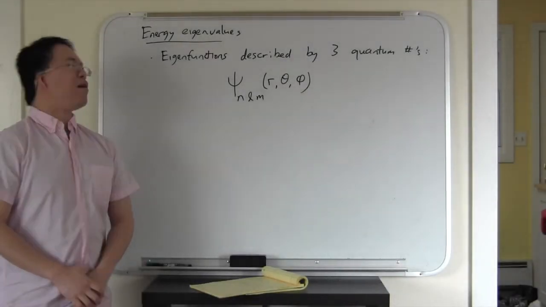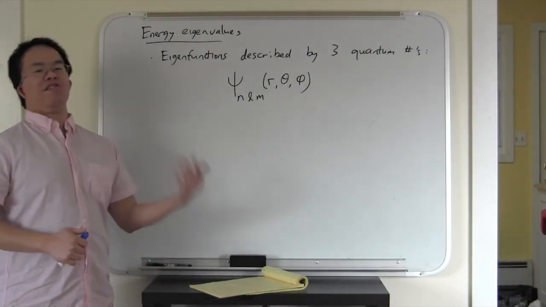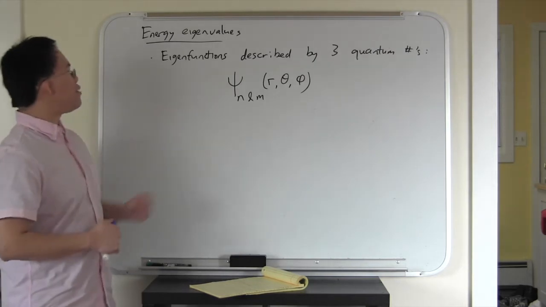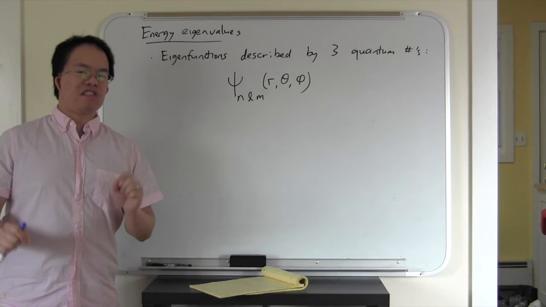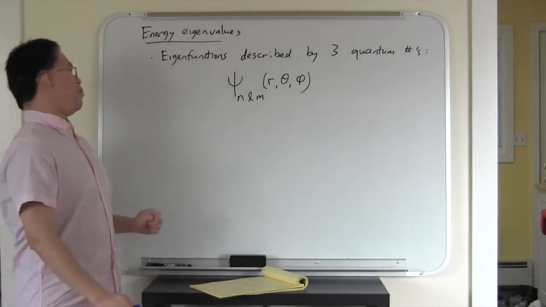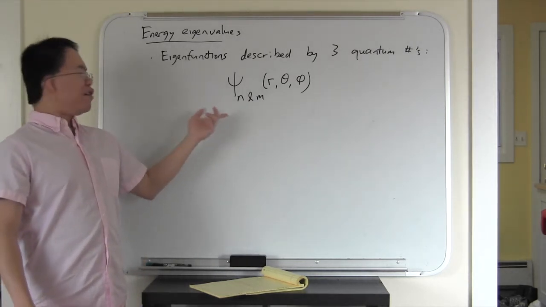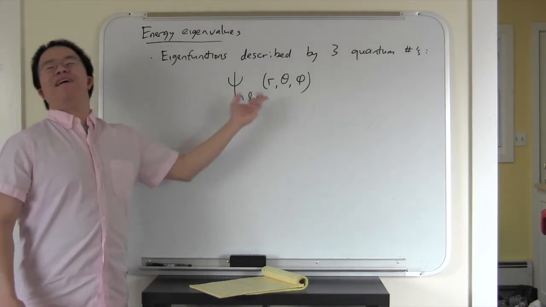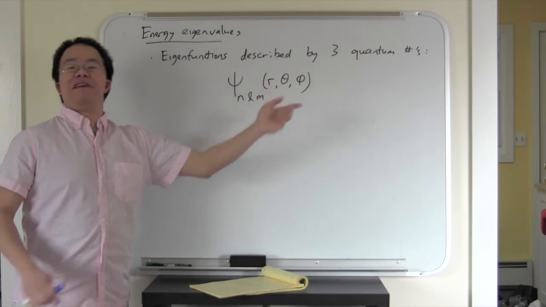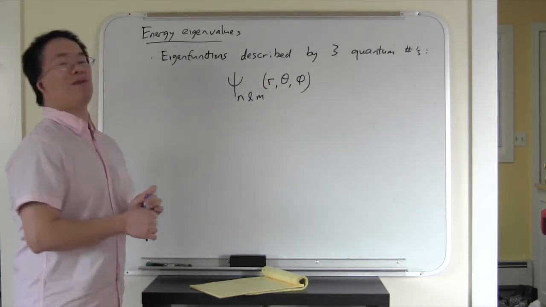So the first thing that I want to mention as we think about the energy eigenvalues is first to point out that, as you saw in the reading, the eigenfunctions are described by 3 quantum numbers. So I'll write those energy eigenfunctions as psi sub n, l, m, and they're functions of r, theta, and phi in spherical coordinates.